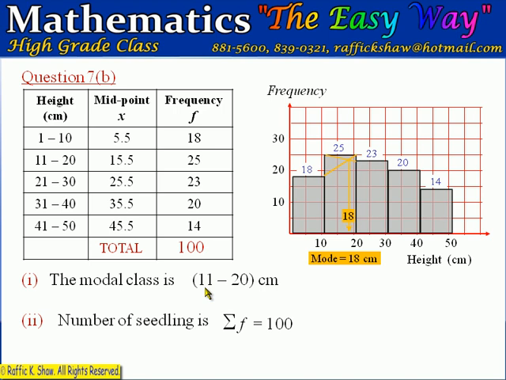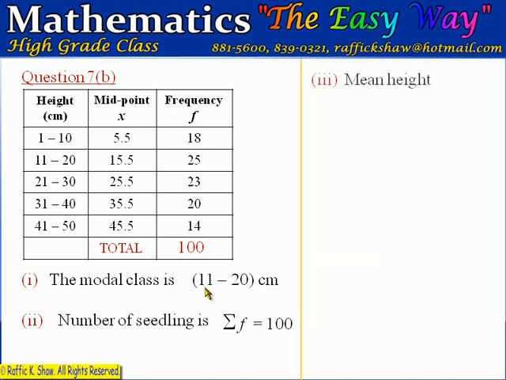Alright? And then part 3 now is asking us for the mean height of the seedlings. Now, in a grouped frequency distribution, as we have here, where the scores are grouped, we have to estimate the mean. There are several ways of estimating the mean, but for the CSEC syllabus, we estimate the mean using the class midpoint.